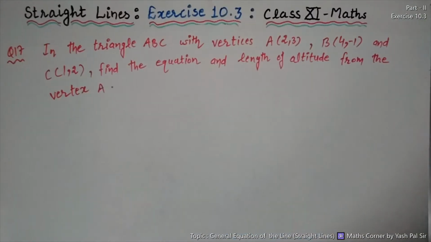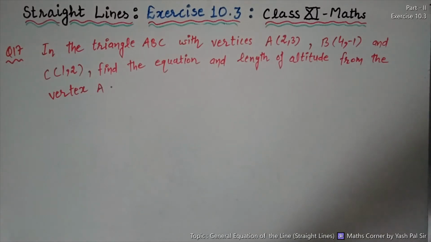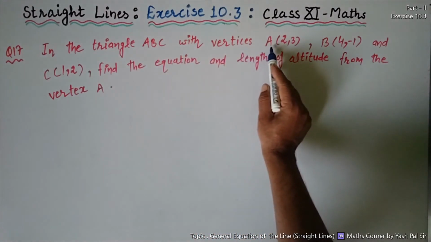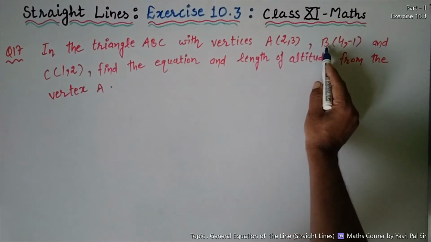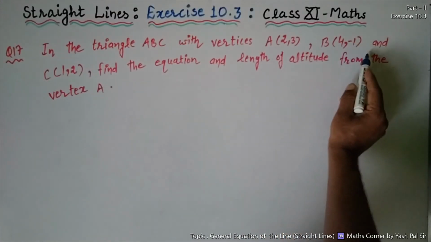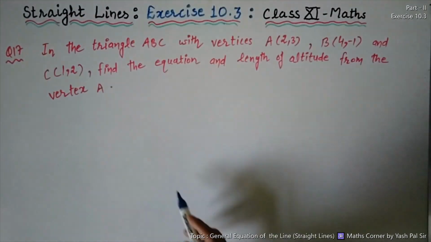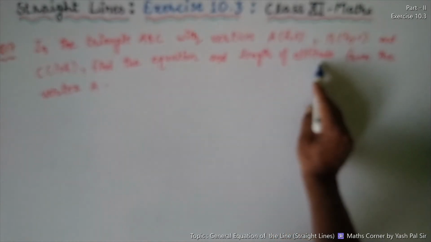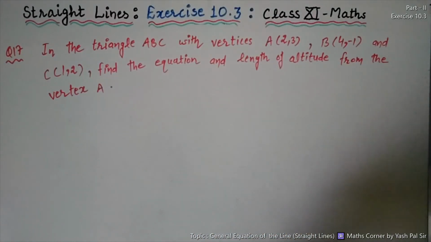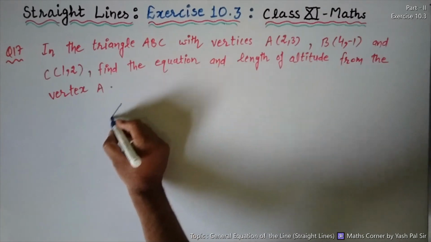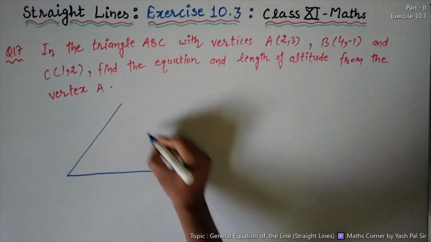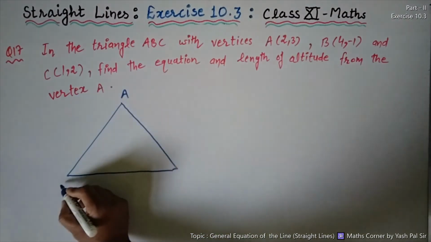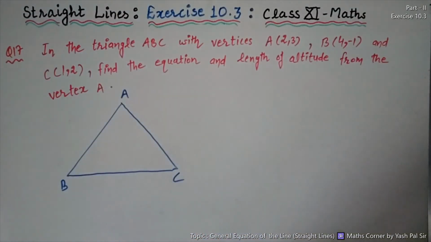Next question, question number 17. In the triangle ABC with vertices A (2, 3), B (4, -1) and C (1, 2), find the equation and length of altitude from the vertex A. So here this is the triangle, the name of this triangle is ABC.